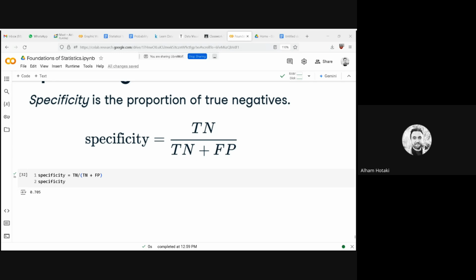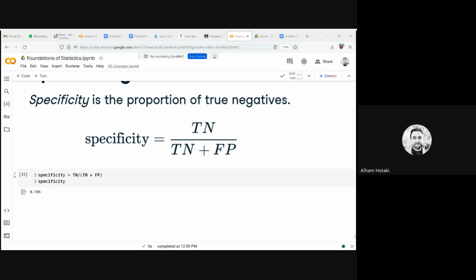So these are the specifics about the logistic regression models that we had developed.